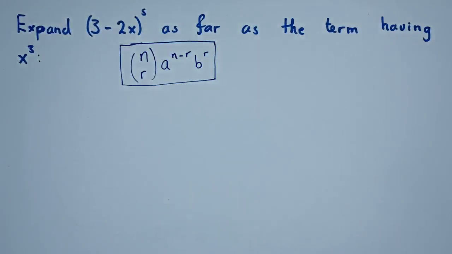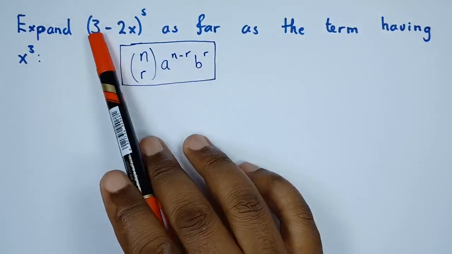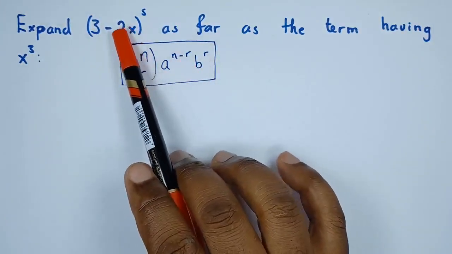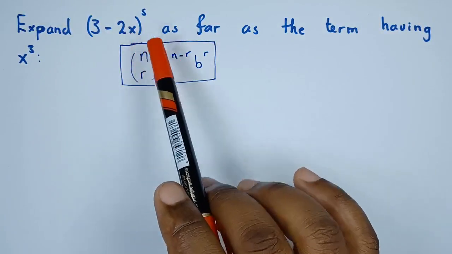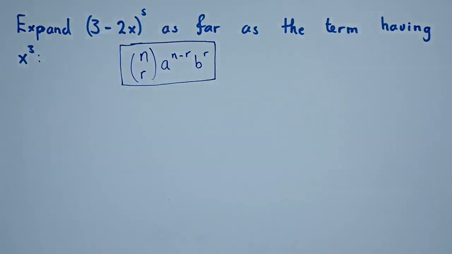Since we want the terms as far as x to the power 3, we'll need about 4 terms. Now understand this: a represents the first term, which is 3. b represents the second term, which is negative 2x. n represents the degree, which is 5 in this case, and r represents each particular term.